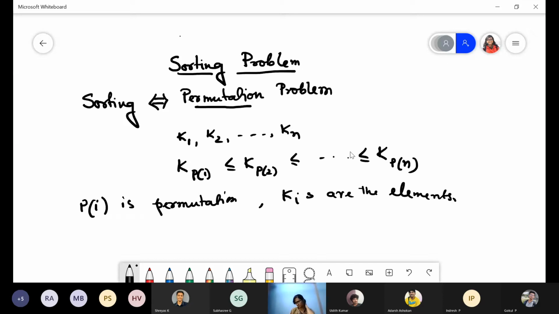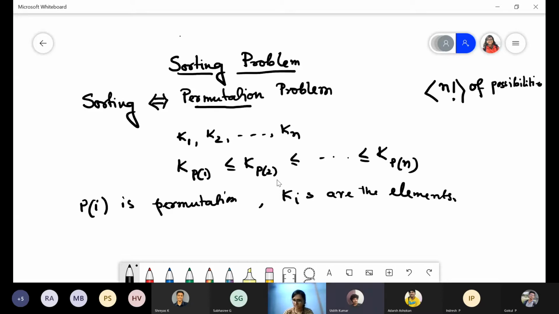Now, if we say that it is a permutation problem, permutation means we have factorial n number of possibilities. So it is supposed to be a very complex problem, right? If we had to explore all factorial n possibilities, what should be the complexity? Exponential.